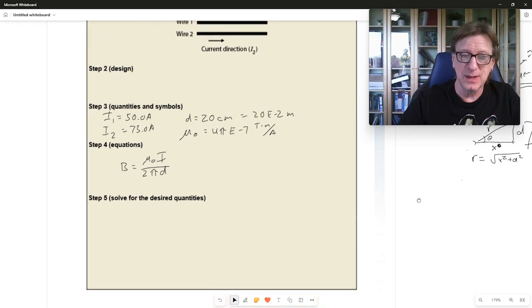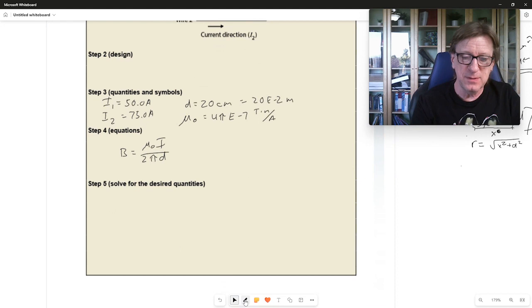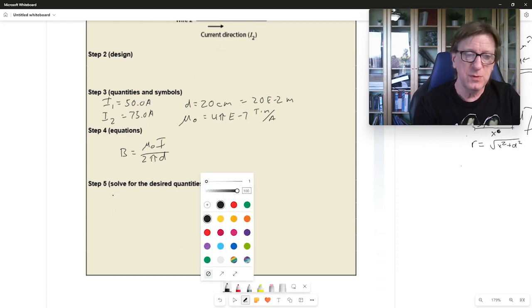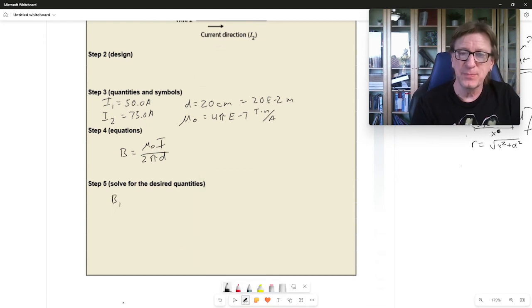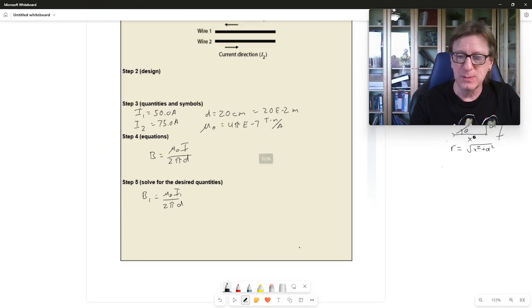So let's do that. Our magnetic field due to wire 1 is going to be equal to mu0, the current through wire 1, divided by 2 pi times d. Let me scroll out so we can see our wire at the same time.